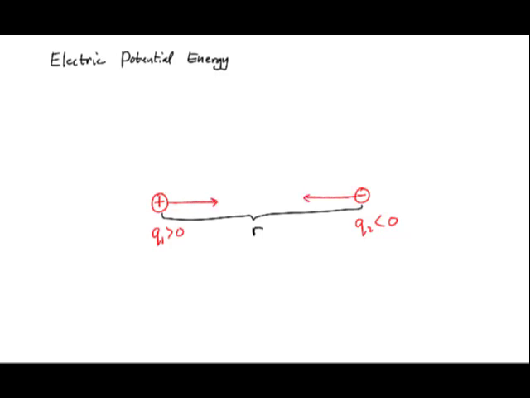This Coulomb force of attraction acts on the straight line that connects these two charges, and it is equal in magnitude on each charge, but opposite in direction because it's from the same interaction.